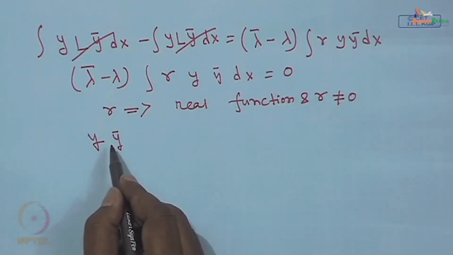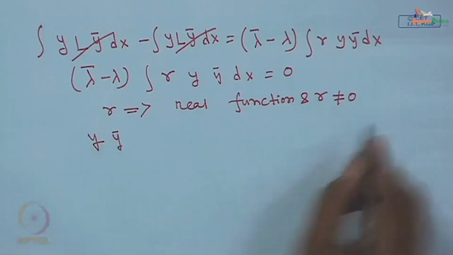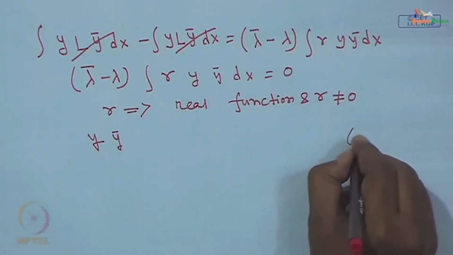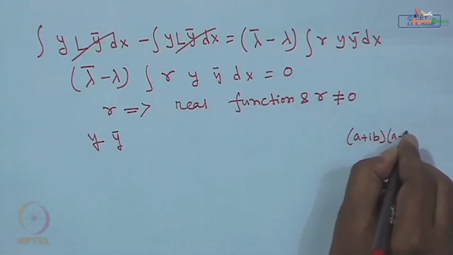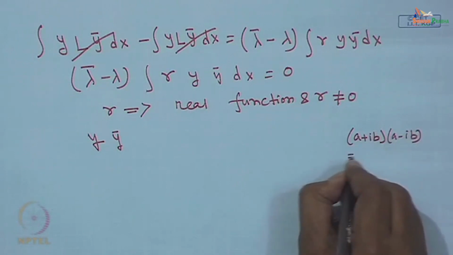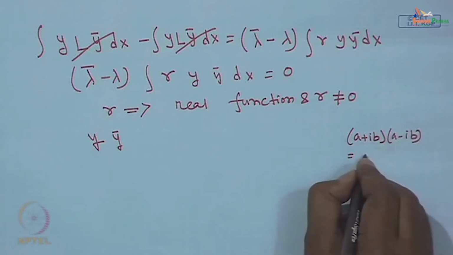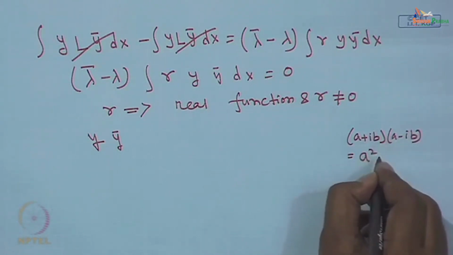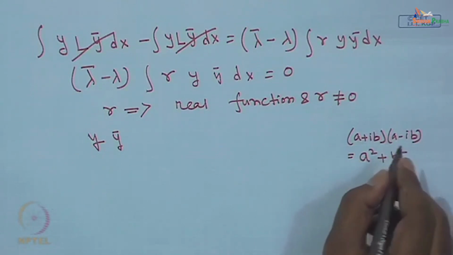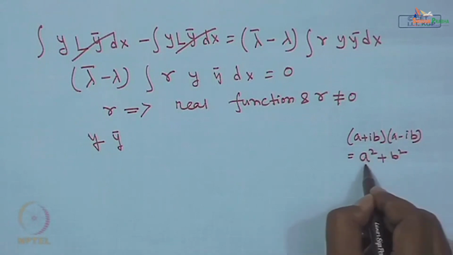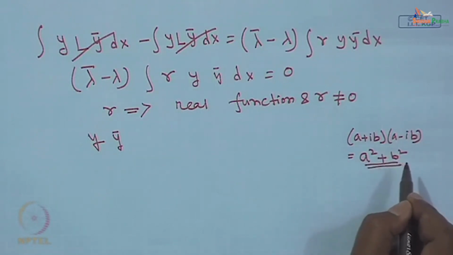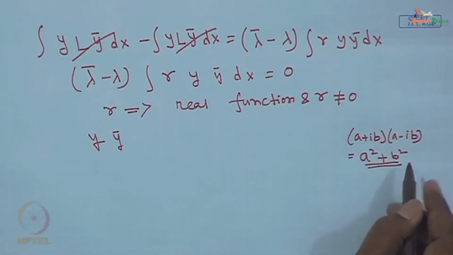If you just do the product, this becomes a squared minus b squared i squared, with i squared equal to minus 1, so a squared plus b squared. The multiplication of a complex number and its conjugate always gives a real quantity.